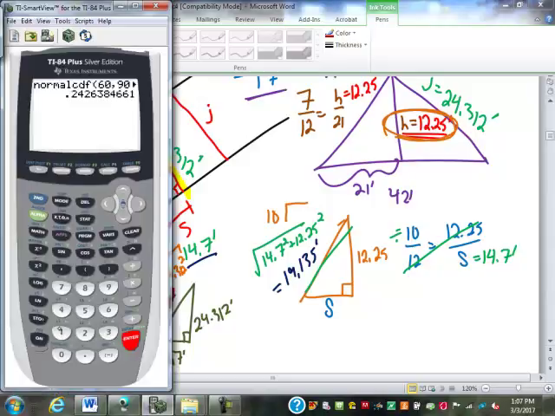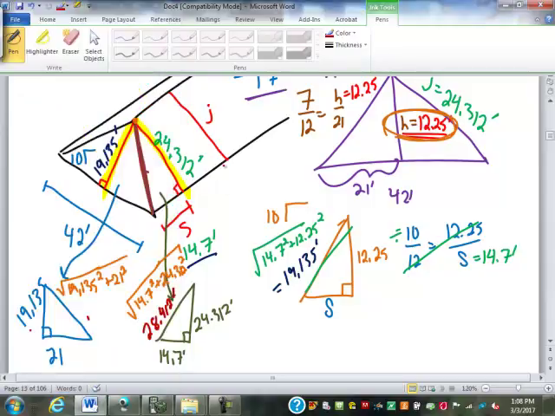We got 19.135 squared plus, what was it, 21 squared? That is also 28.410. 28.411 actually, it looks like, feet. So within a couple hundredths of a foot. That's just round off errors. So this is 28.411, 28.412 is that length. Make sense? Okay.